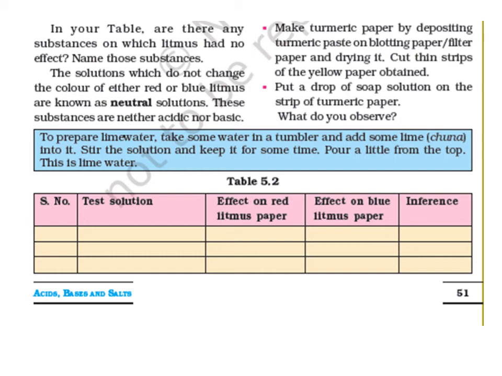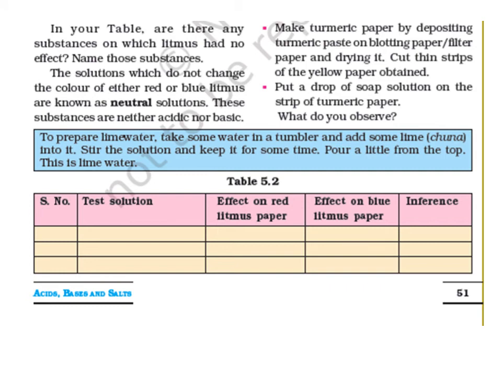बेसिक सॉल्यूशन यदि होगा तो टर्मरिक का कलर रेडिश ब्राउन हो जाता है. See, if your cloth has some stains of the vegetable you are eating in lunch or in your dinner, if your cloth has some stains of that sabji, then if you use detergent soap or any soap on it, what will you observe?